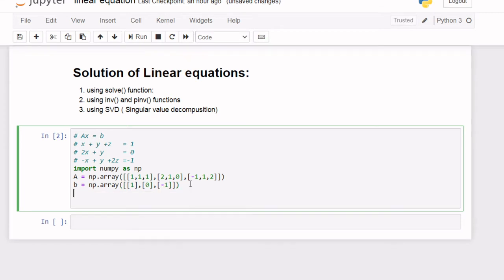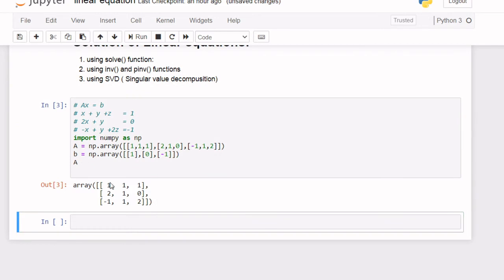First we have to check the property of A, whether it is a non-singular or a singular matrix. Matrix A is 1 1 1, 2 1 0, and -1 1 2.